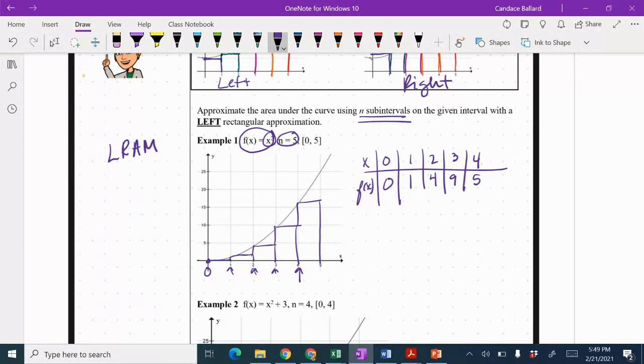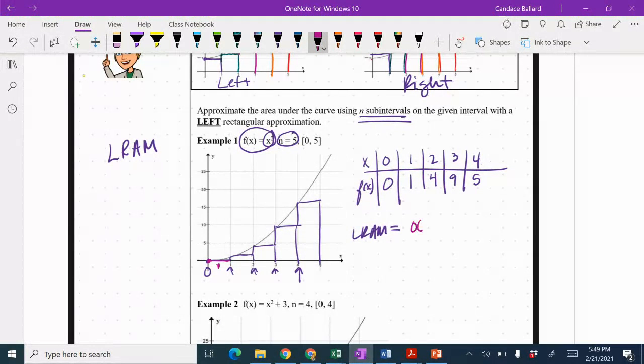What we're really going to do is find the areas of these rectangles. So LRAM equals, if I look at this first rectangle, it has a height of 0 and a width of 1.